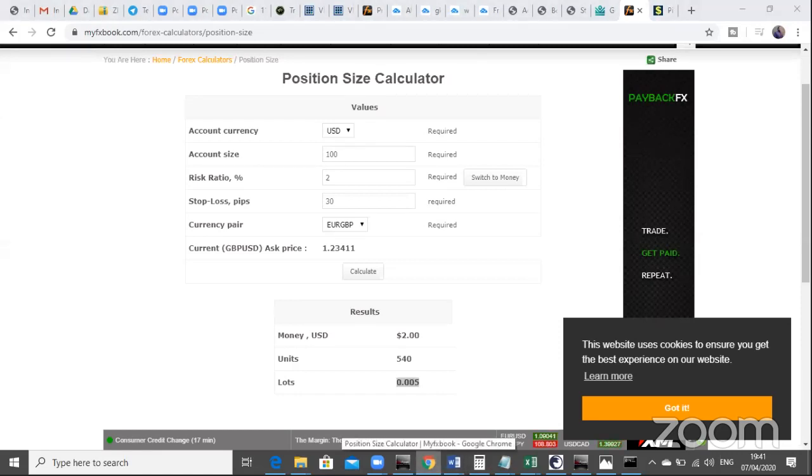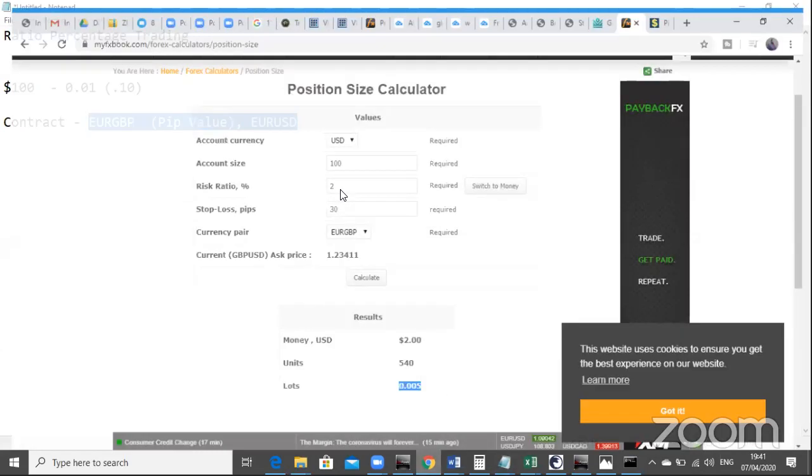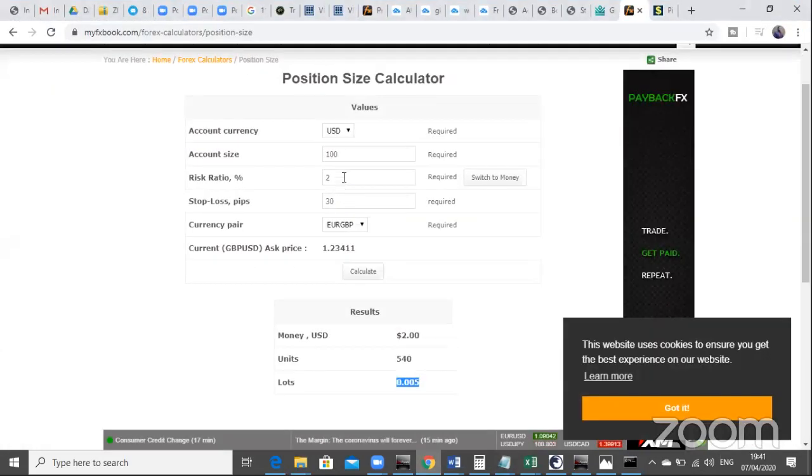If you use a general lot size or a general percentage, that will not work. Look at this now: for Euro USD, it will tell you to use 0.07 for 100.